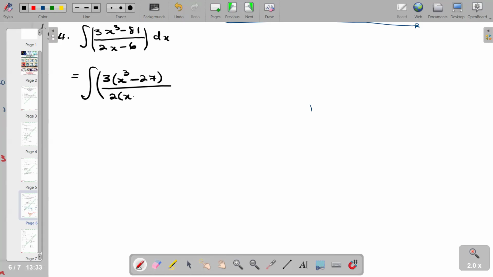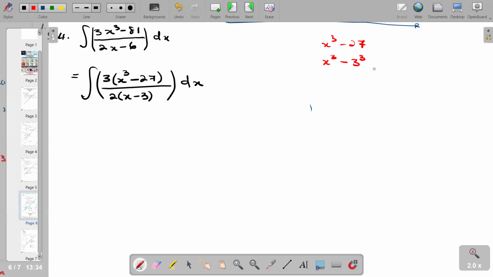You are left with x minus 3 dx. But take note now on the numerator, we now have another term there, which is x cubed minus 27. If you check, this one can be written as x cubed minus 3 cubed.